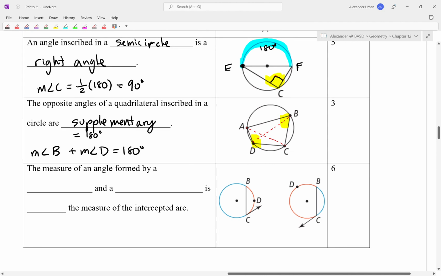Alright, the last corollary of the original theorems is the measure of an angle formed by a tangent and a chord. Tangent and a chord. I might have said that wrong in the previous video, but a tangent and chord is half of the intercepted arc.